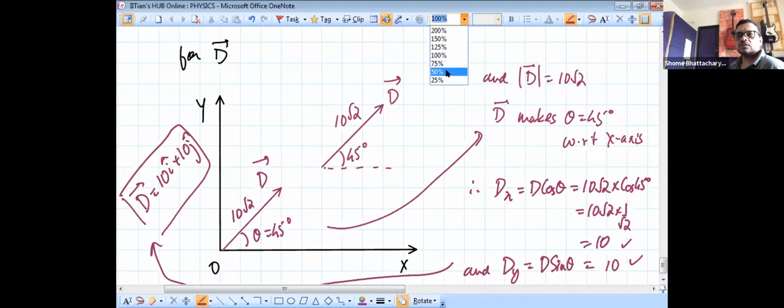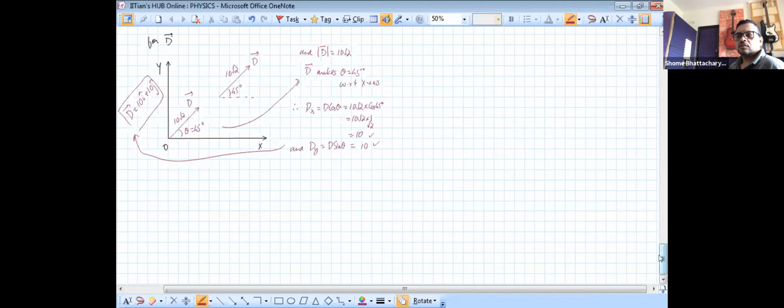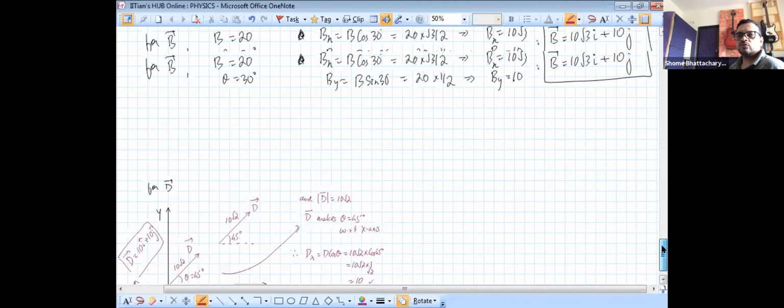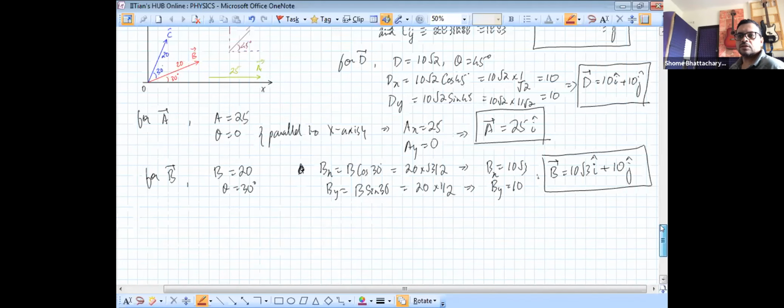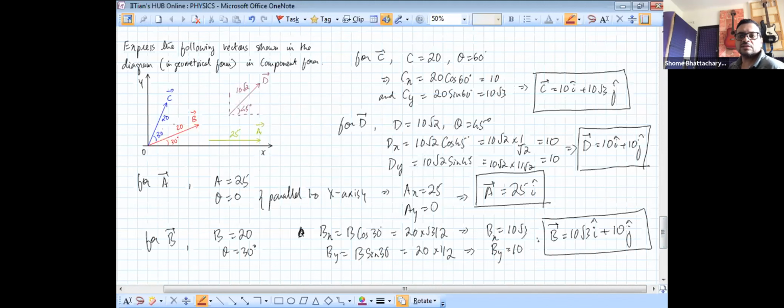Alright, now to answer your question, you can first of all see that there is no way that C and D should be the same. B and C should be the same, because are their directions the same? Only their magnitudes are the same. And actually AY is 0 because you can see the component of A along the y-axis is 0. E is lying along the x-axis.